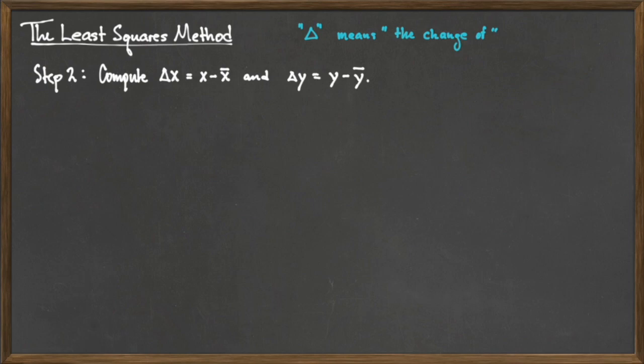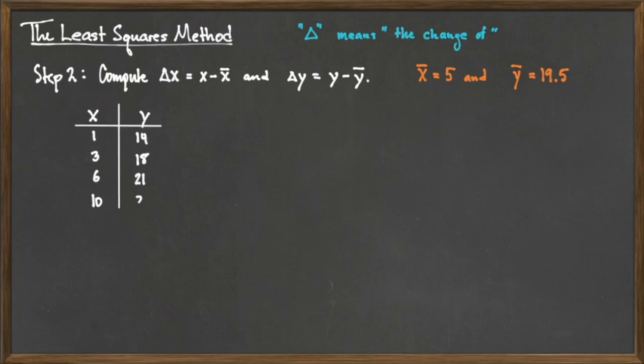And at this point, it's good to start doing xy charts to catalog all of our values. Let's write down our x bar and y bar at the top, and then let's do an x and y chart for all of our coordinates. Now we're going to compute delta x. So I'll run through all of my x coordinates and subtract the average. So I get delta x values of -4, -2, 1, and 5.